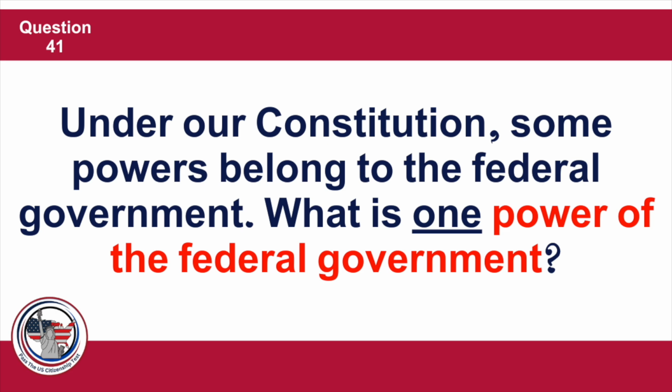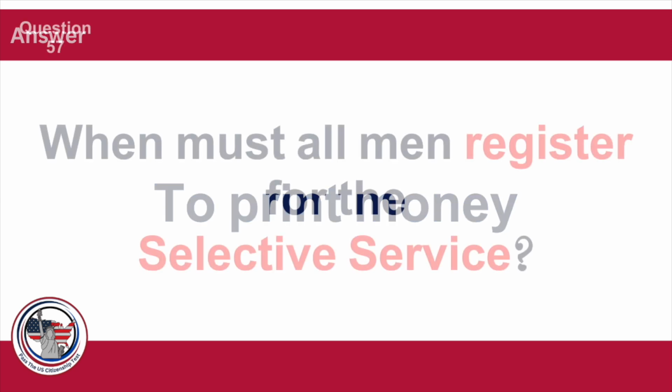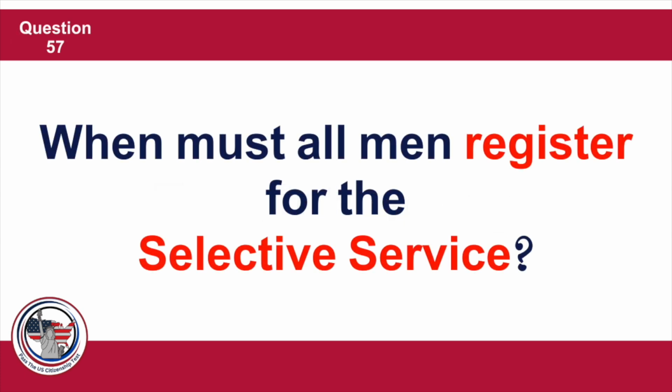Under our Constitution, some powers belong to the federal government. What is one power of the federal government? To print money. When must all men register for the Selective Service?